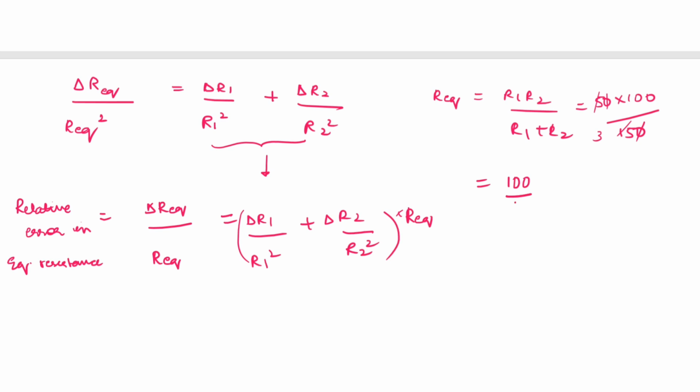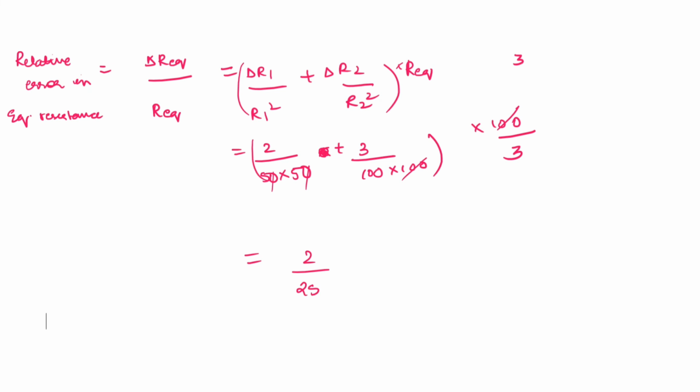Delta R1 and delta R2 are what is given in the question, plus or minus 2 and plus or minus 3. The errors are 2 and 3 here. So it's 2 by R1 square, 50 into 50, plus 3 by R2 square, 100 into 100, into R equivalent, 100 by 3. You can cancel out the two zeros common in all terms.